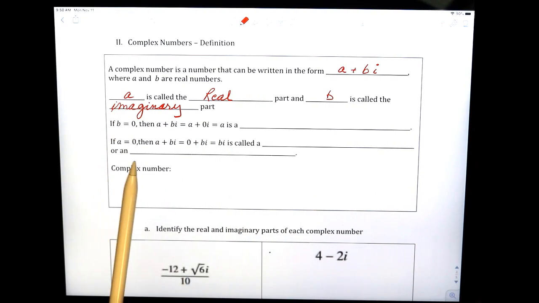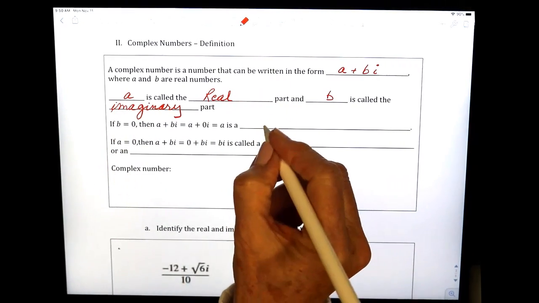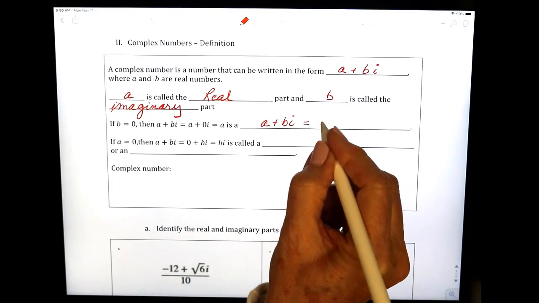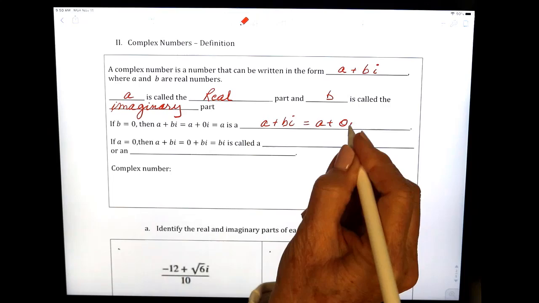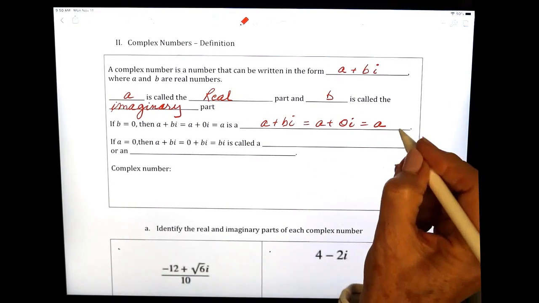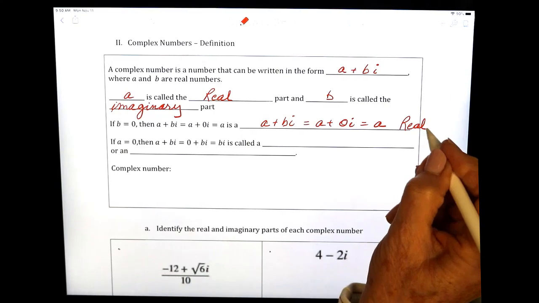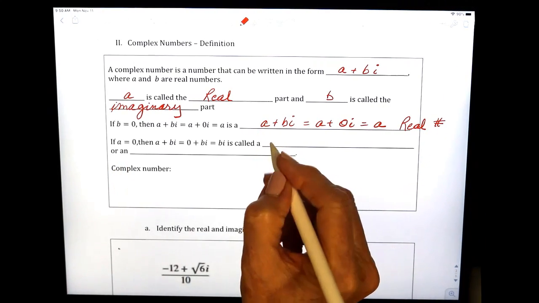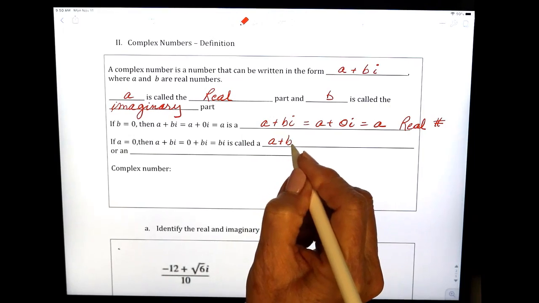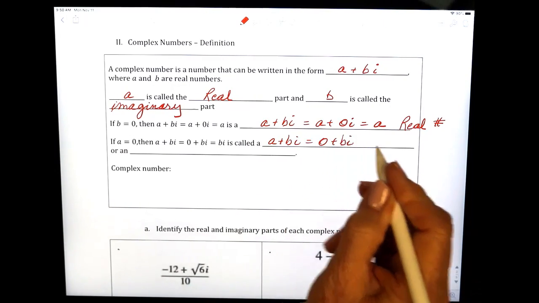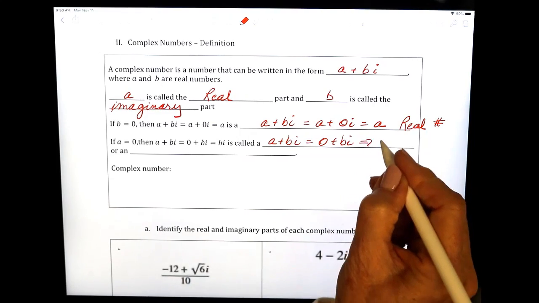Okay, so if the b part is 0, then we have a plus bi is equal to a plus 0 times i, and of course that just leaves us with a, which is going to be a real number. But if a is 0, then a plus bi becomes 0 plus bi, and that is an imaginary number.